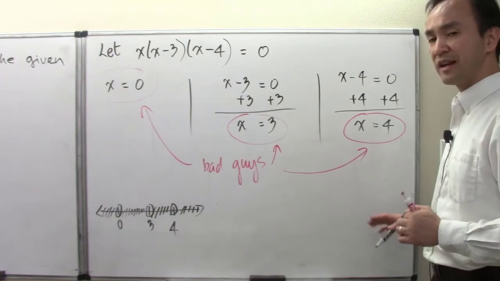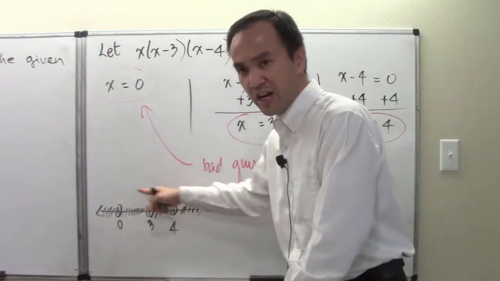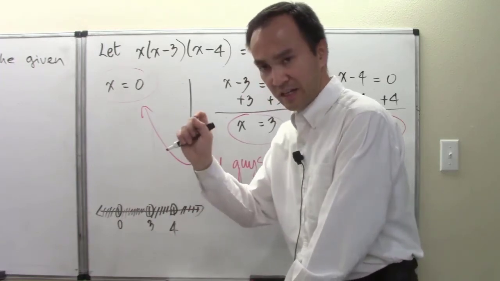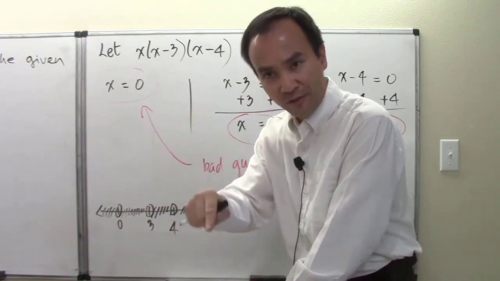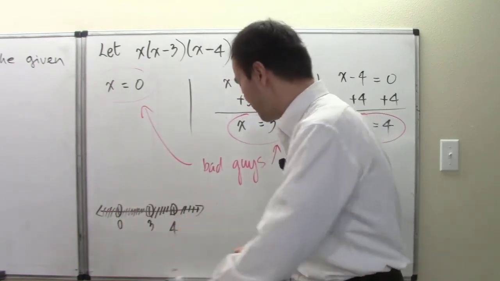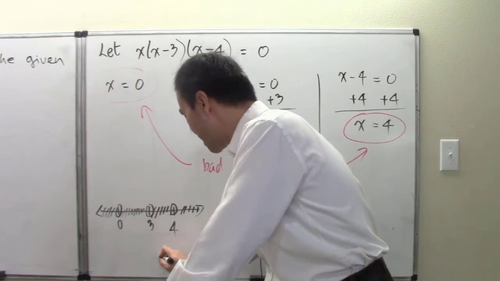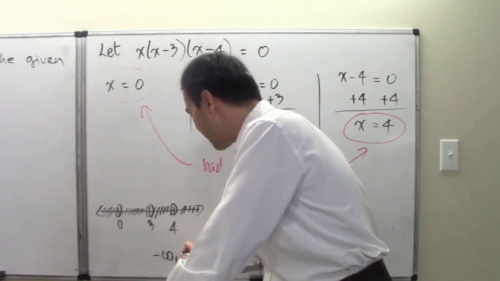That shaded graph gives us a perfect indication of how we can come up with our final domain in interval notation. We have one interval between negative infinity and 0.